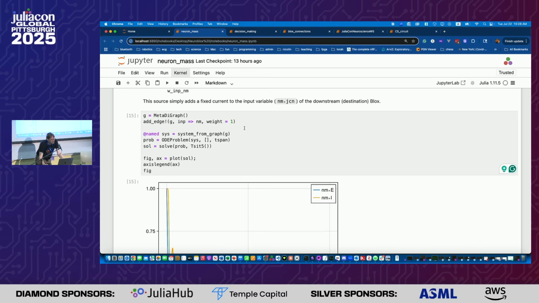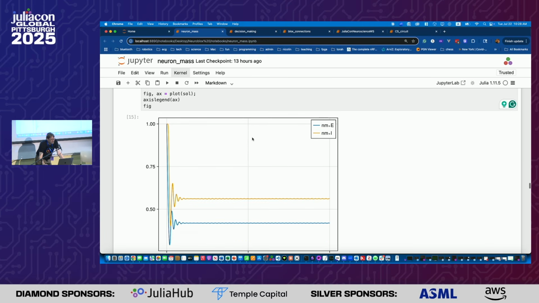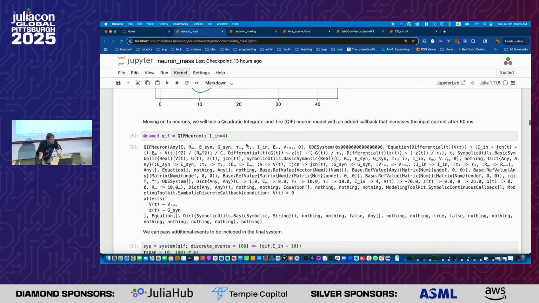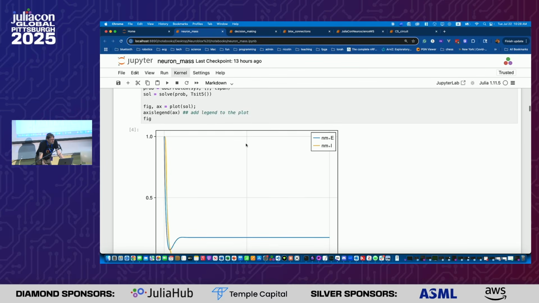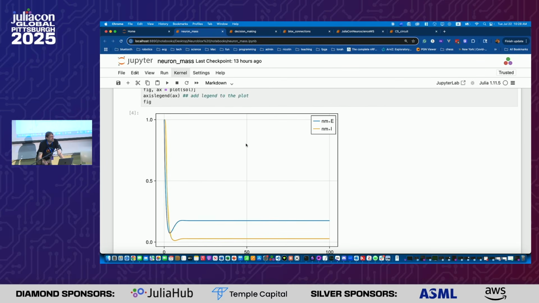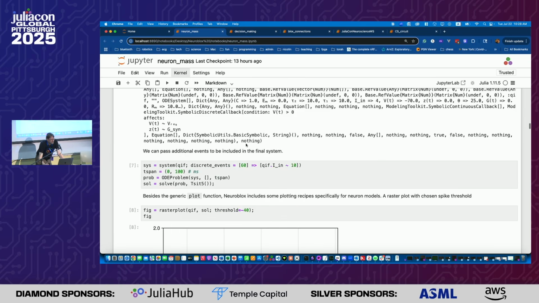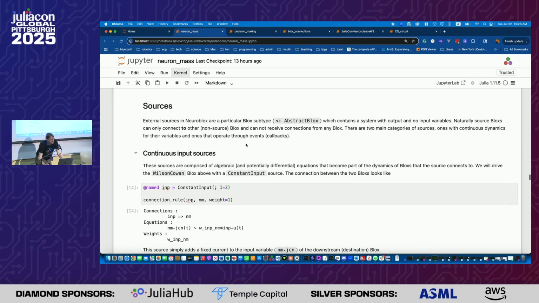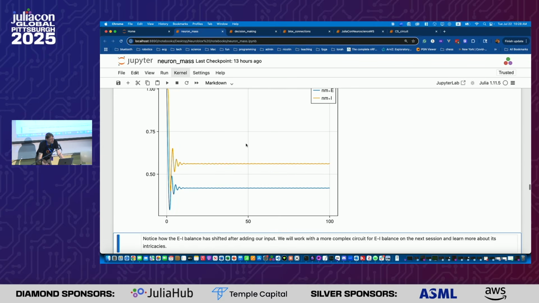And then we built the equation, and now, instead of having this solution, it adds an extra input, an extra current, to the excitatory population, and instead the solution is oscillatory, but then also levels off.